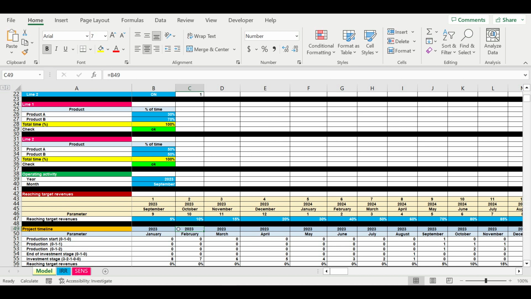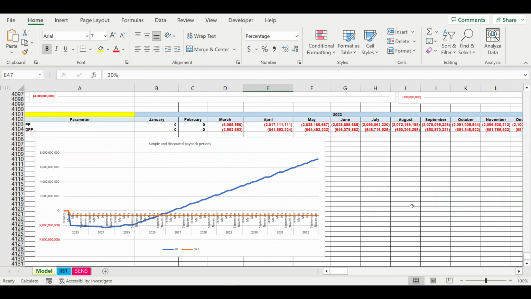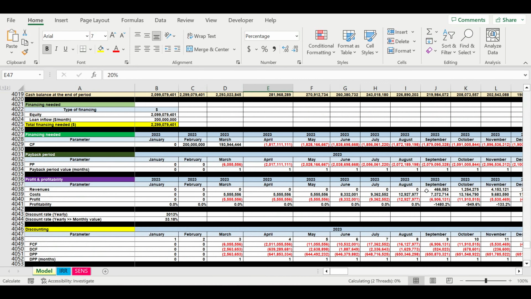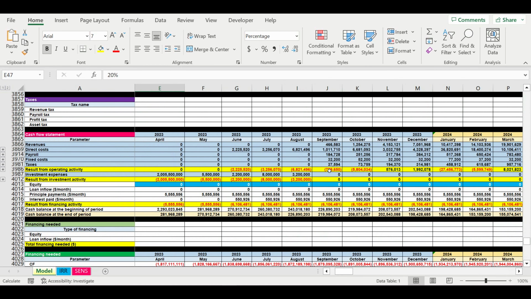So for example, if we set that during the first month of operating activity we reach only 5% of target revenues, then 10, 15, 20% of target revenues, we can go to the cash flow statement and see that here we have operating losses. And this means that we do need some additional financing to start our business idea.